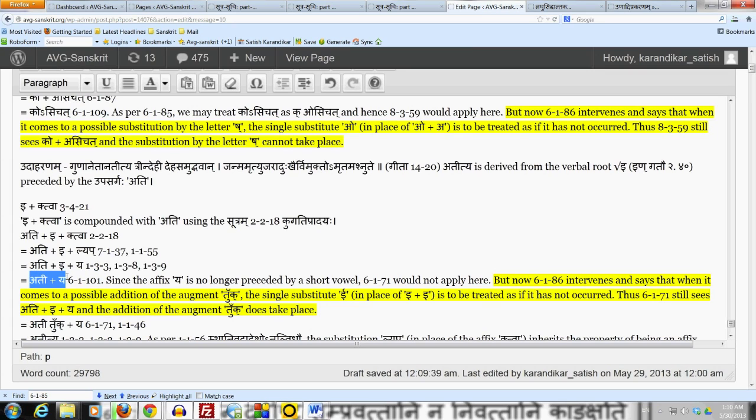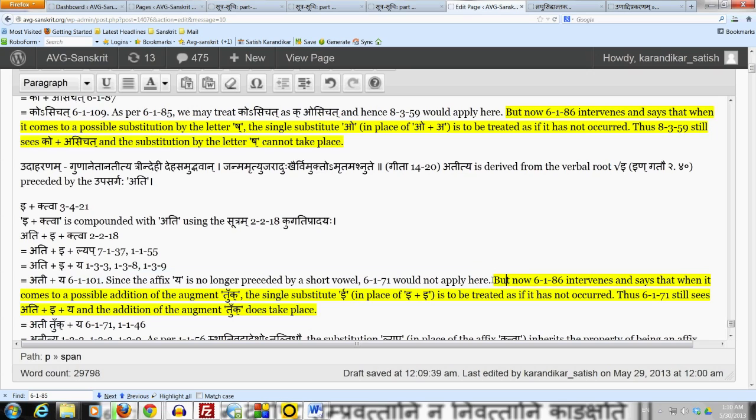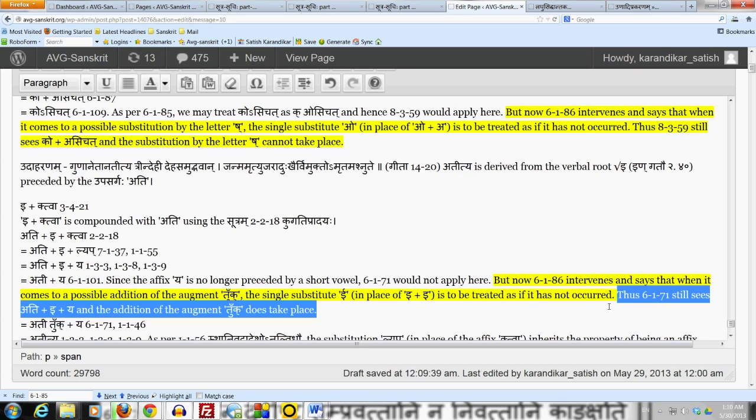And now apply akasavani dirgha 61101. We get ati ya. Since the affix ya is no longer preceded by a short vowel, 6171 rasvasya pitikrituk cannot apply here because it says rasvasya. But now 6186 intervenes and says that when it comes to a possible addition of the augment tuk, the single substitute, in this case the letter E, dirgha ikaraha in place of E plus E, is to be treated as if it has not occurred.